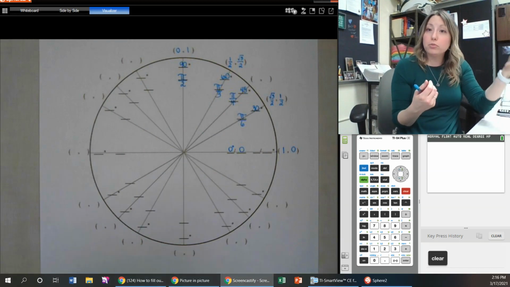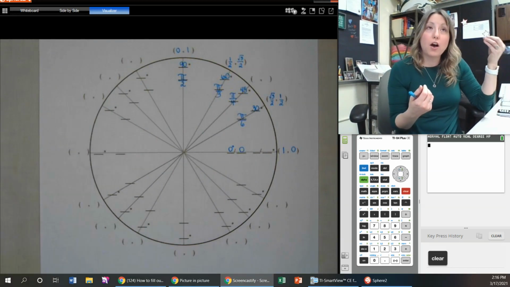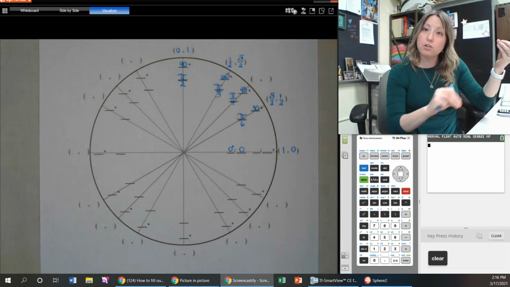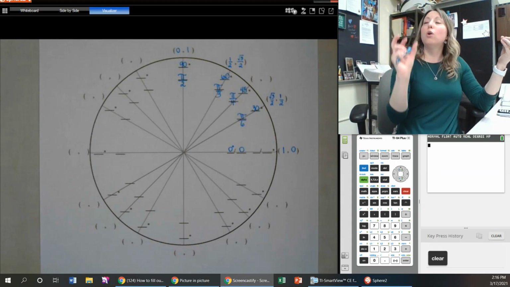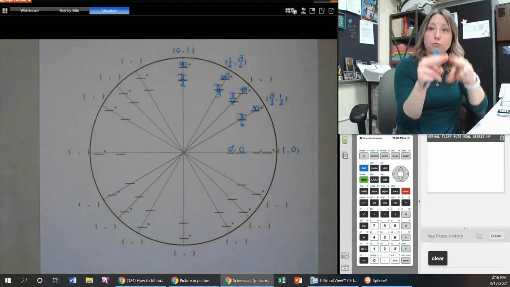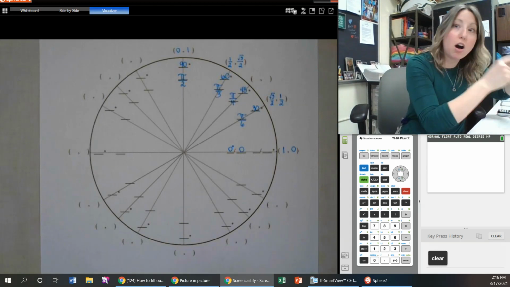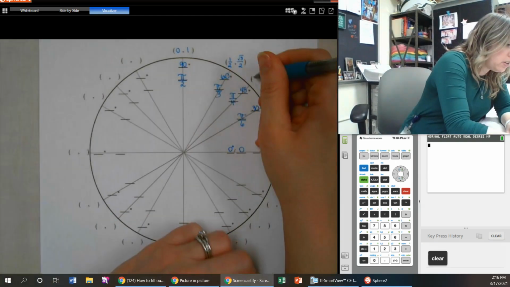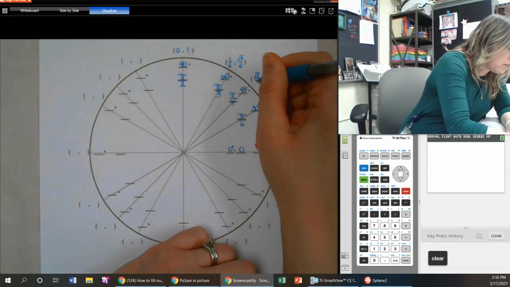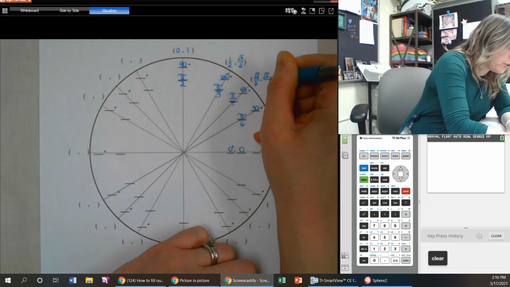But when it comes to rationalizing the hypotenuse as 2 in your denominator, you multiply top and bottom by radical 2, so you get radical 2 over 2 as the fraction here. And because it's both sides, that also happens to be both coordinates are at radical 2 over 2.